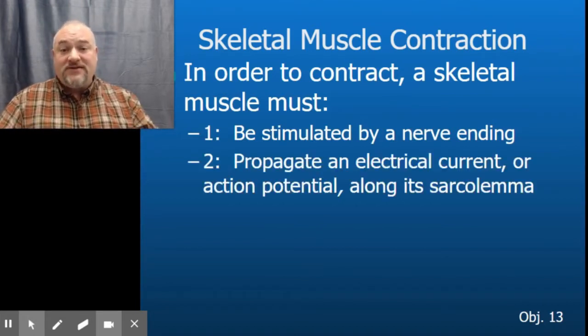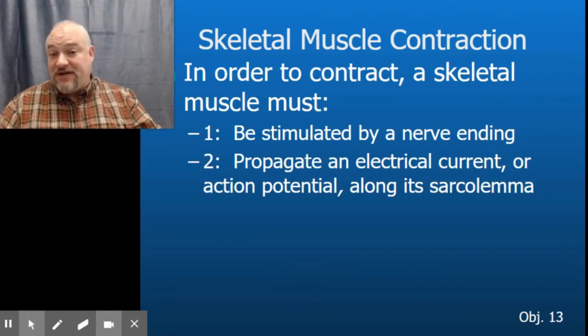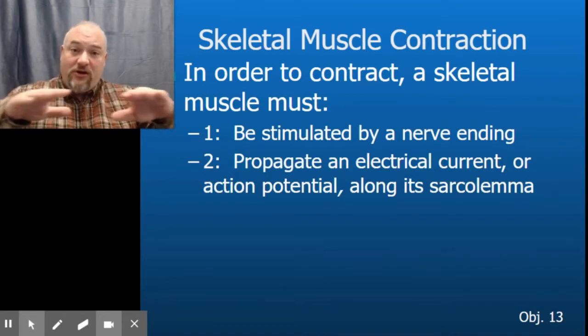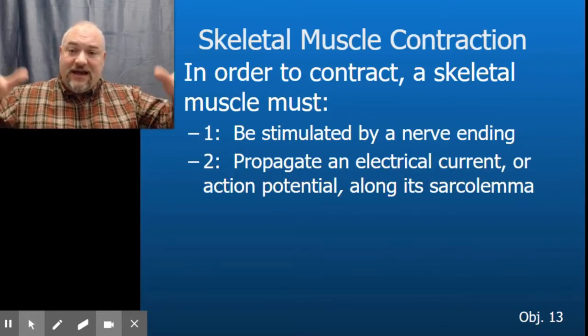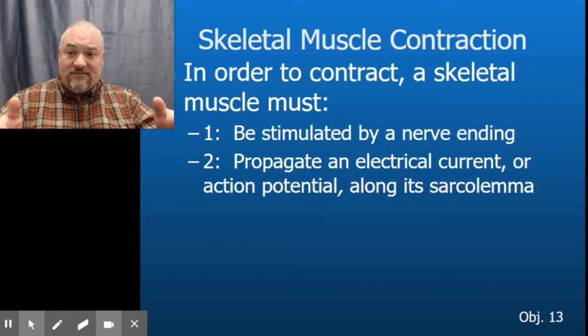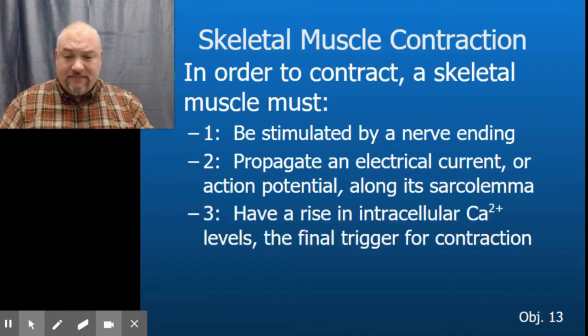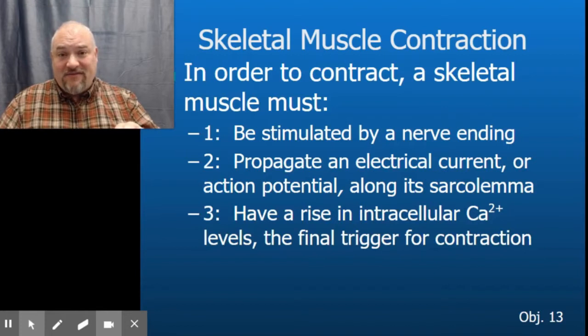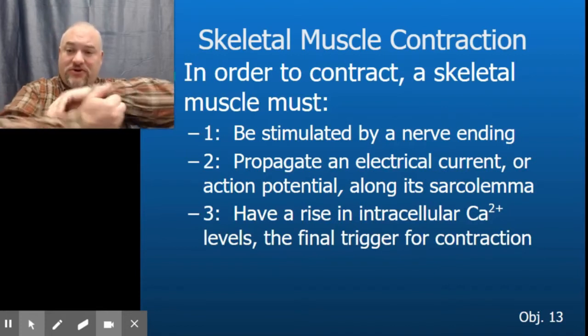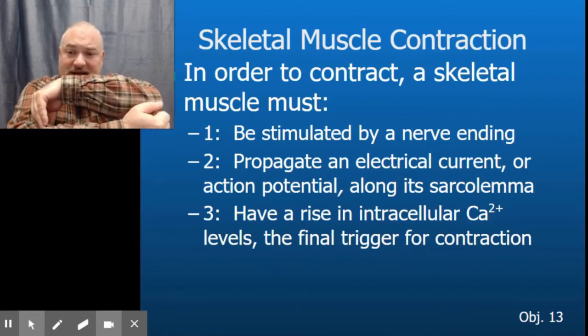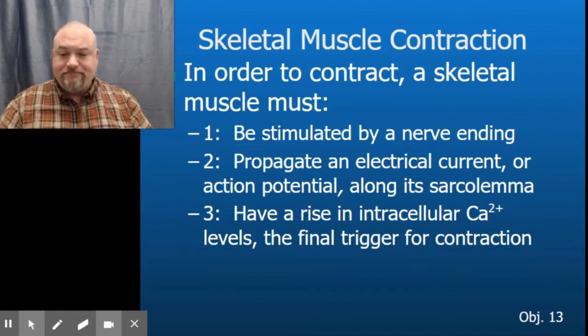Two, the muscle cell itself has to propagate an electric current, otherwise known as an action potential, along the sarcolemma, along the cell membrane surface, and then down into the muscle cell so it can get to the parts of the muscle that are going to contract. Then you're going to have a rise in calcium levels inside each muscle cell, and that rise in calcium levels is going to trigger the actual contraction of the actin and myosin filaments to shorten up the sarcomere.